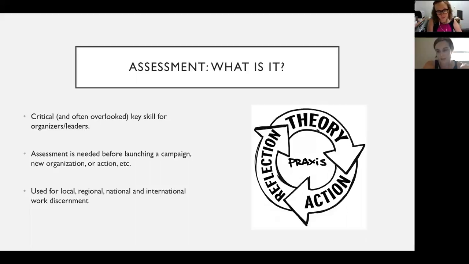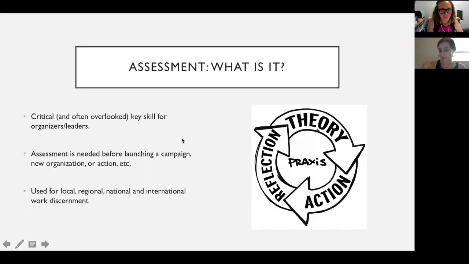And then the fantastic Nora has been kind enough to put a picture here of praxis, right? Which is the practice of putting theory into action, reflecting, coming up with more theory or edited theory, action, doing it again. So what is assessment? It's basically assessing where you're at.